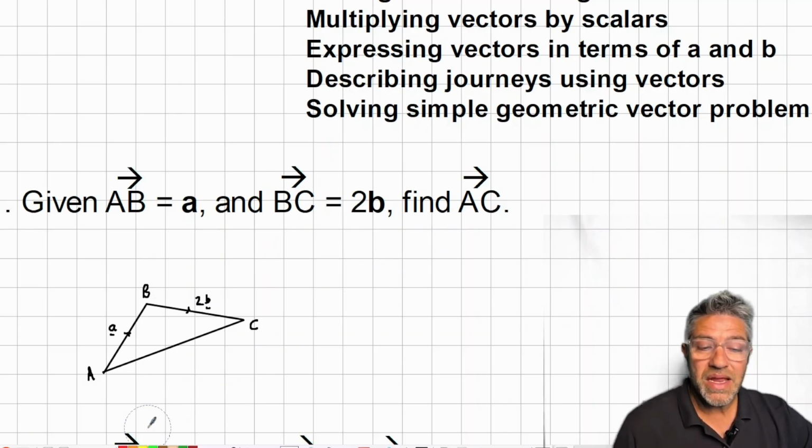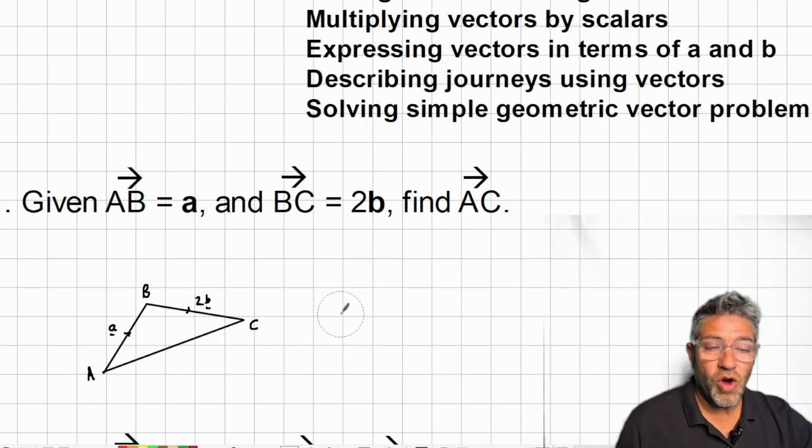Find AC. Now, if you think of these vectors in some way as pathways, in an ideal world, we'd walk along this path here. But you have to imagine that that path is closed. So instead, we need to go from A to B and then from B to C. Well, all of a sudden, I'd like to think that makes things a lot clearer.